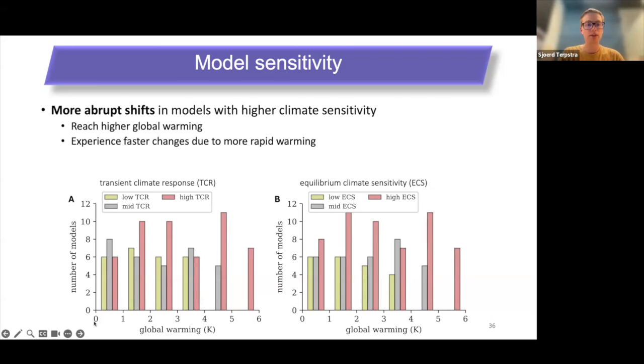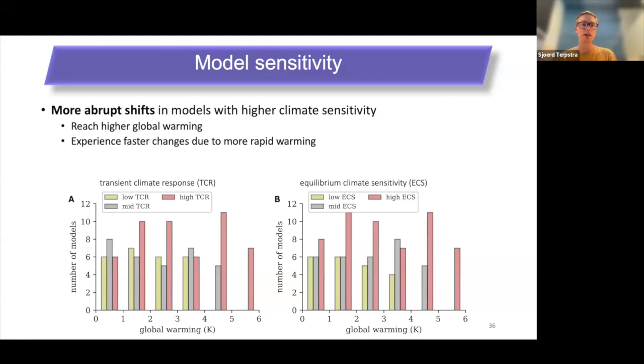Now what I draw here is the number of models that have an abrupt shift for each global warming level, divided in low, mid, and high climate sensitivity. Yellow is low, gray is mid, and red is high. One thing that stands out is that after around 4 degrees, you only see mid and high climate sensitivity models having abrupt shifts. That's of course because models with low climate sensitivity don't even reach those warming levels.